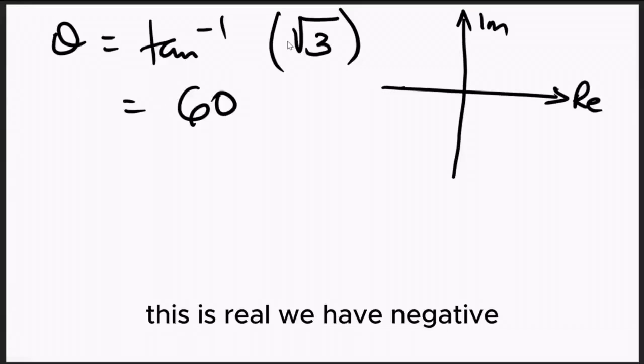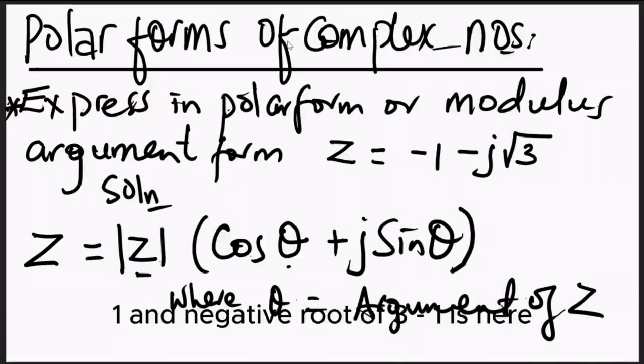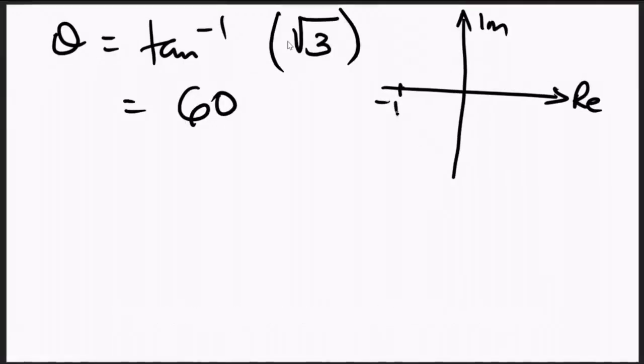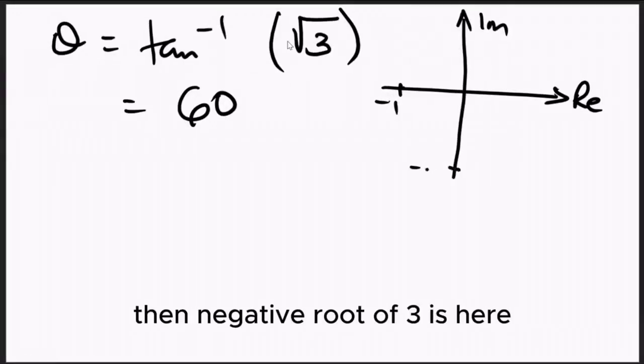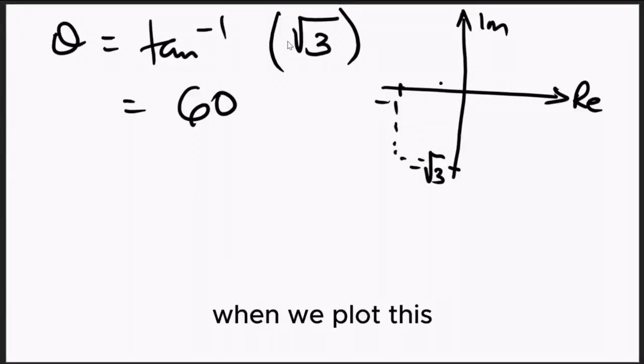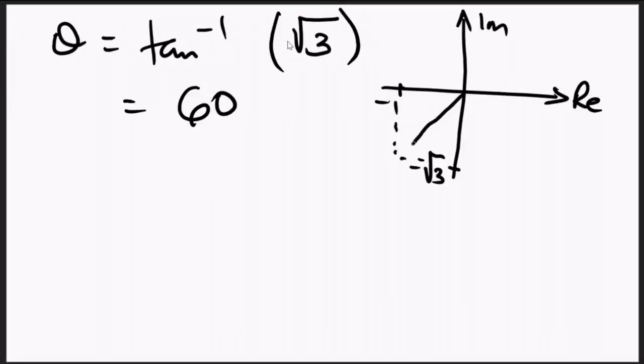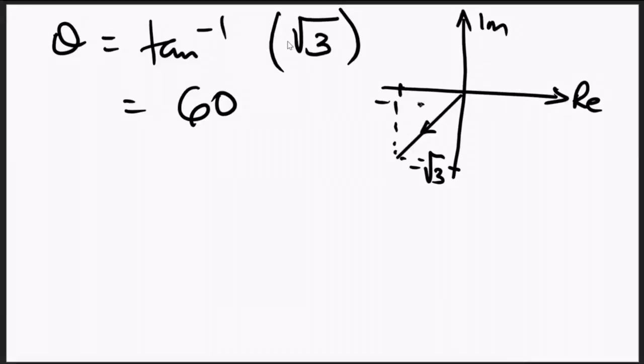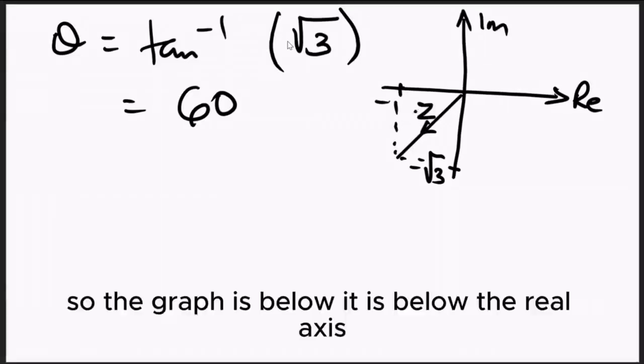We have -1 and -root of 3. -1 is here, then -root of 3 is here. When we plot this, you can see where it is. So the graph is below the real axis.